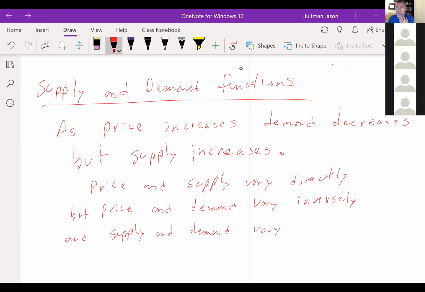Supply and demand vary what? Directly or inversely? Inversely. Inversely, exactly.